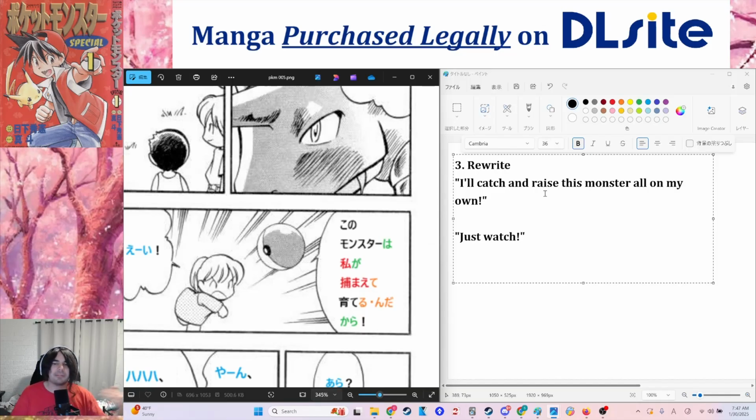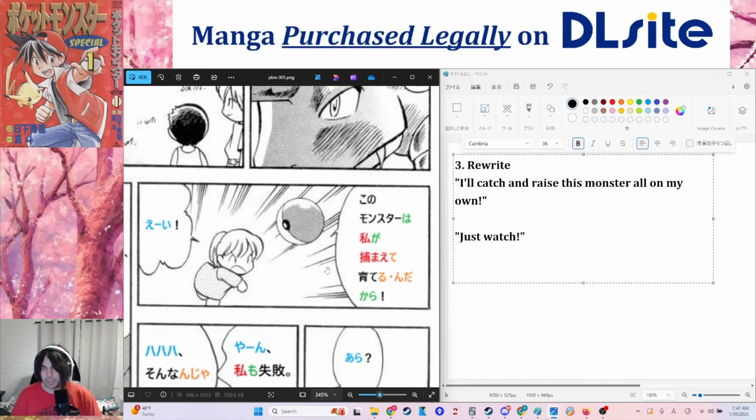So having her say very confidently what her plan is, that she's going to capture and then raise this monster. And again, avoiding the word Pokemon because we're not supposed to know what that is yet. It's very important for a part coming up next. I'll catch and raise this monster all on my own. Again, I think a bunch of kids that are trying to one-up each other, I think this works really well for the situation we're in, even though I'm technically adding a bunch of stuff that isn't there.